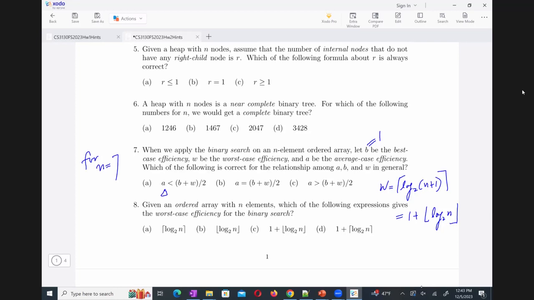This one comes from the notes directly. So now it's clear, right? I hope it's clear. And I wrote that formula, the difference, worst case minus average case, less than 1. I wrote that formula in the notes. Okay, all right. That's this one.